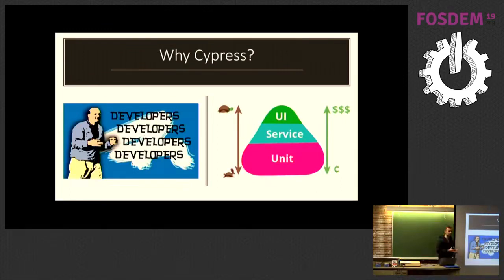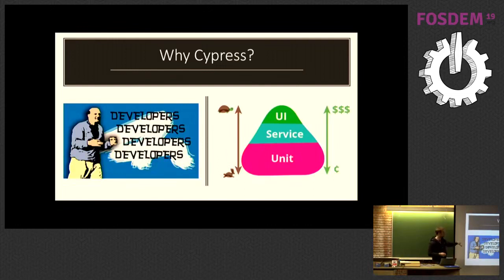Why Cypress? For me, I was the one QA guy in the company, and in my previous company I was also one QA guy with 80 developers, and I wanted to scale. I didn't want to be only a bottleneck, so whether I'm choosing a framework or a tool or whatever choices I make in my professional career, I think about who's going to use it, and in most cases it's going to be developers, so it should be developer friendly.